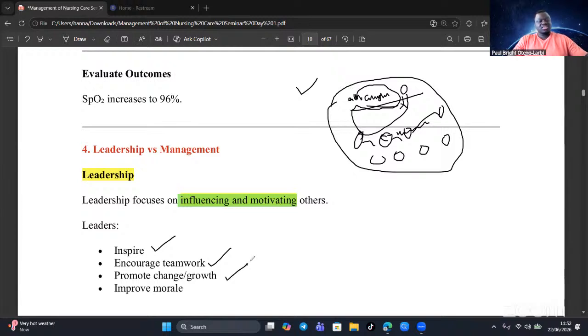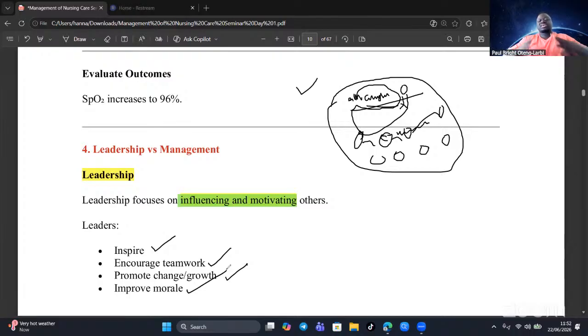So your colleague will be pushing you: let's go to school, let's go and write this exam, let's go and do this. They are always motivating you to move ahead in life. And they improve morale in the work environment. These are leadership.